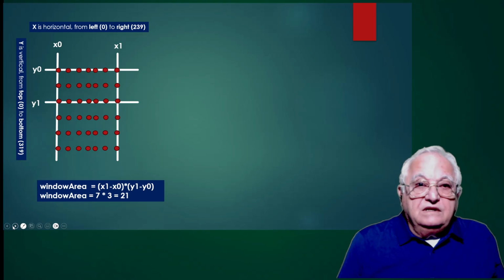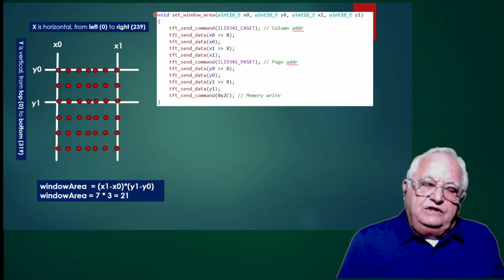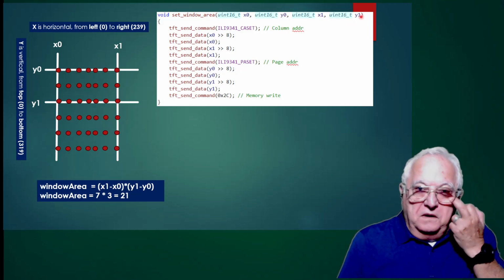Okay, so now let's look at the code that will accomplish this. We have a routine, and now I'm going to send it the values of x0, y0, x1, and y1.